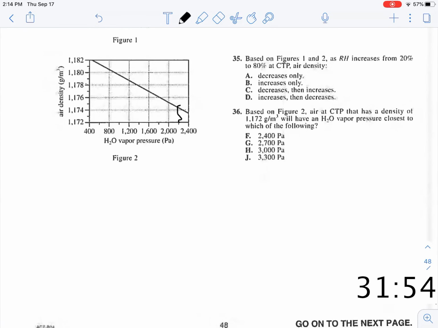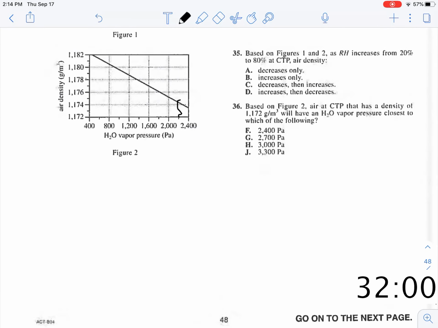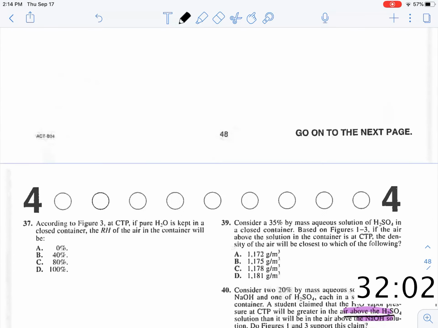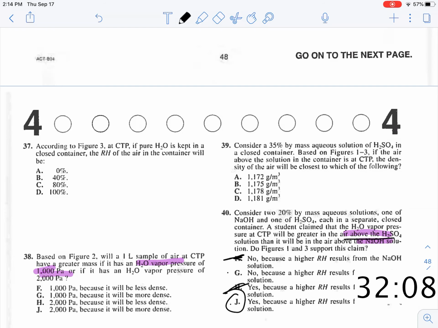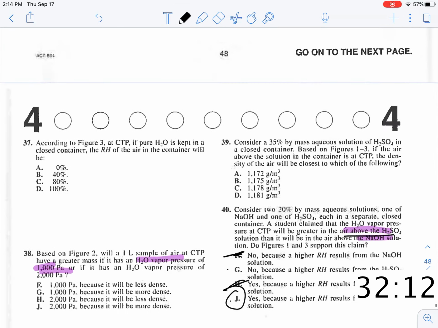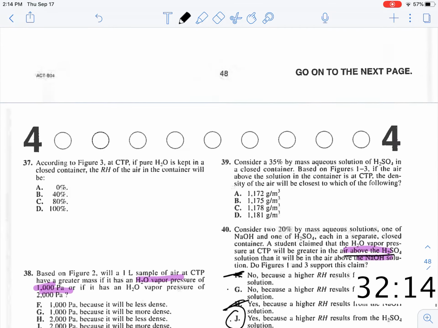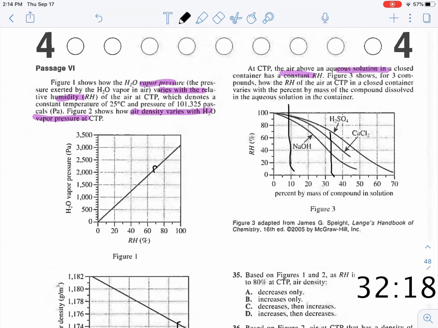Wait, but more than that. 2250 to 50. I think. Oh gosh, I think it would be B. We'll go back to that. Okay. According to Figure 3, if pure H2O is kept in a closed container, the relative humidity will be. How am I supposed to know that?